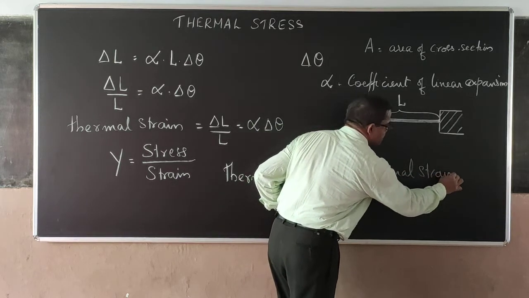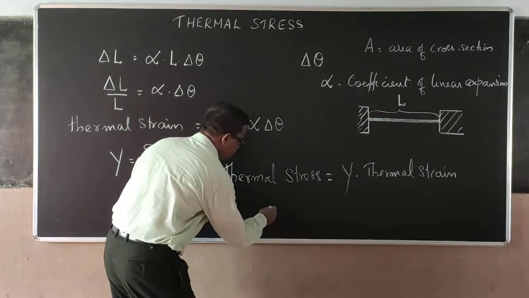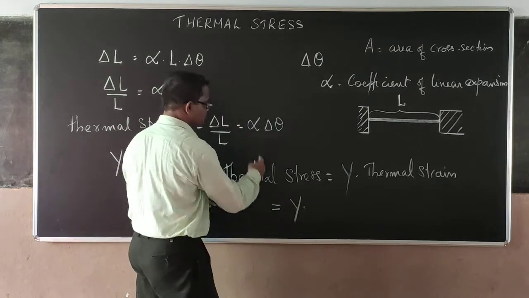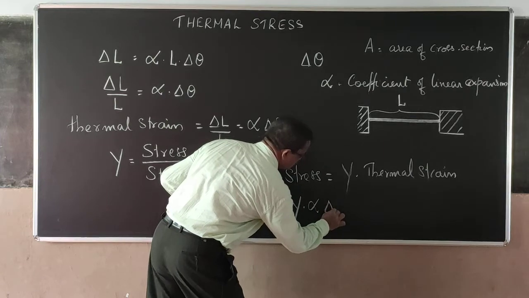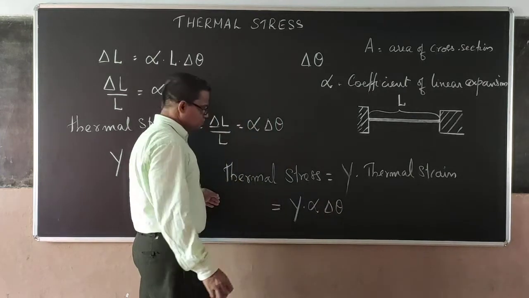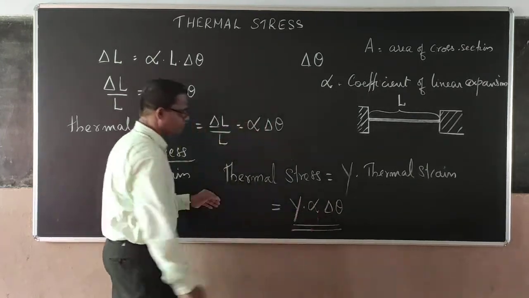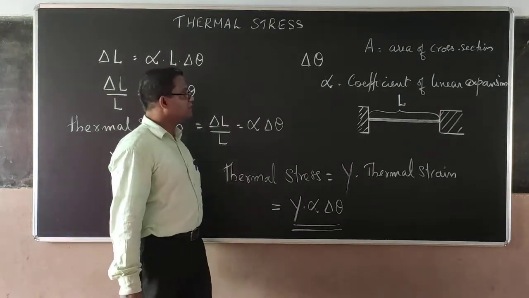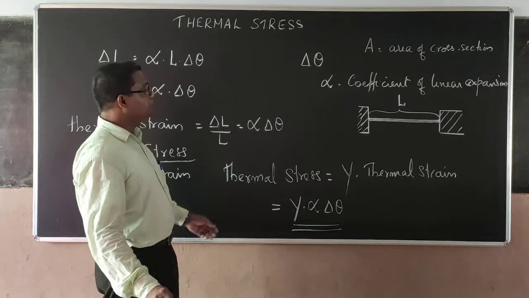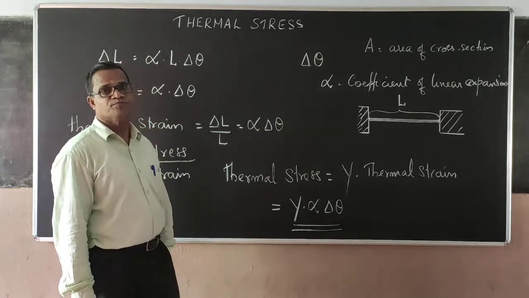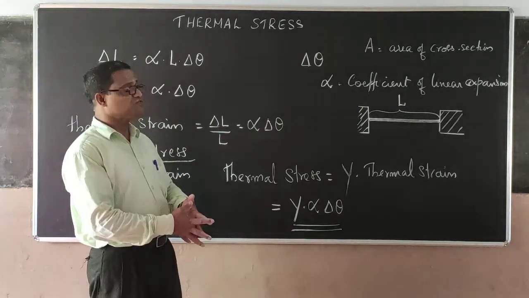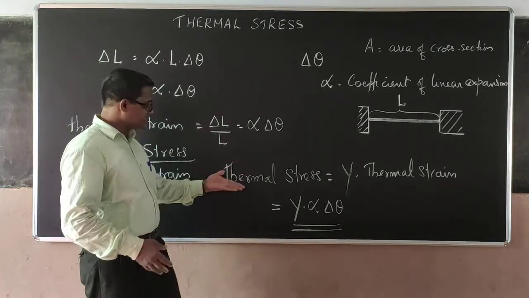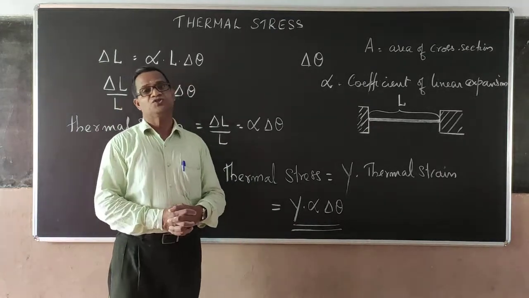Thermal strain is alpha into delta theta, and therefore thermal stress is equal to Young's modulus into alpha into delta theta. So this is how we are finding the thermal strain relating to the heating of the material. Thermally produced strain is called thermal strain. Thermally produced stress we call thermal stress.